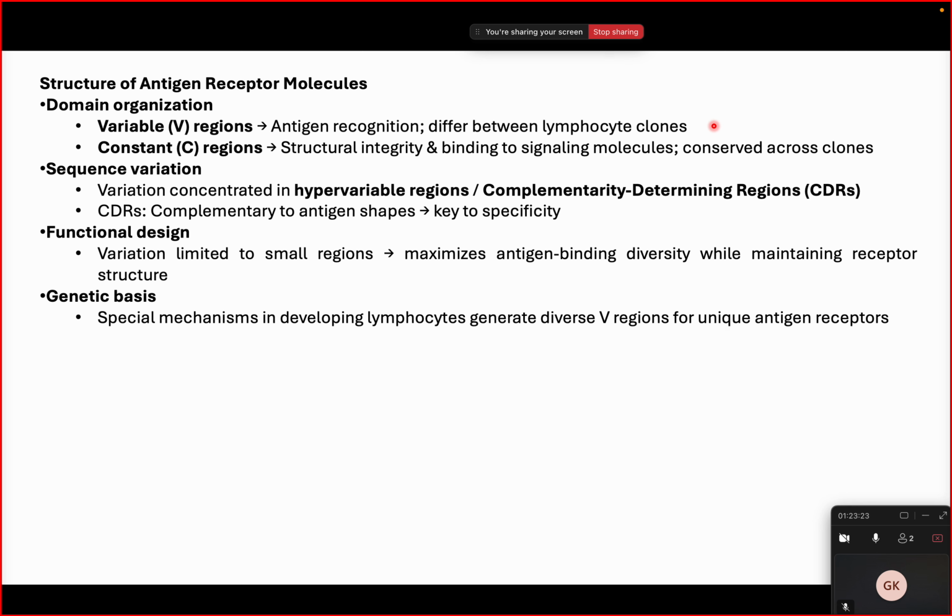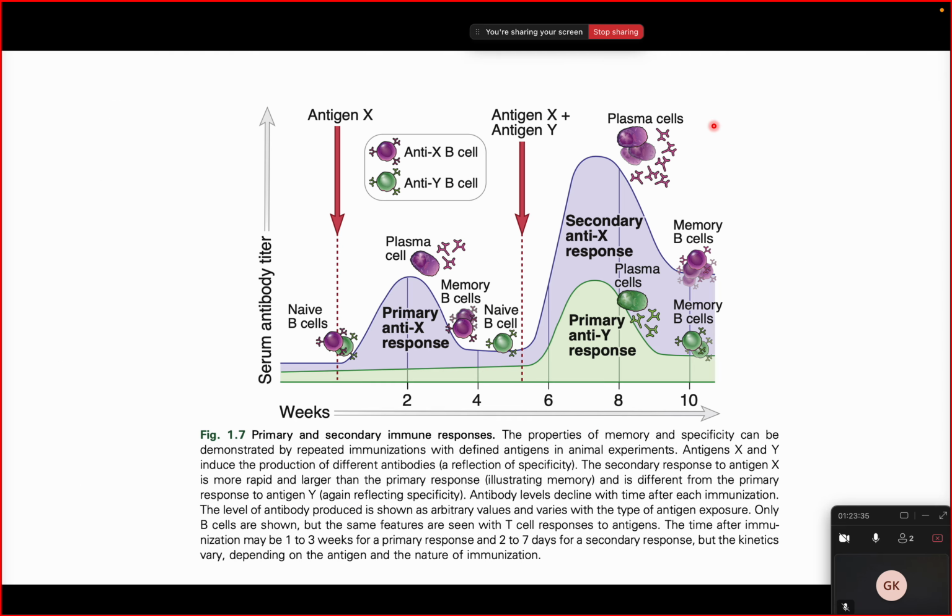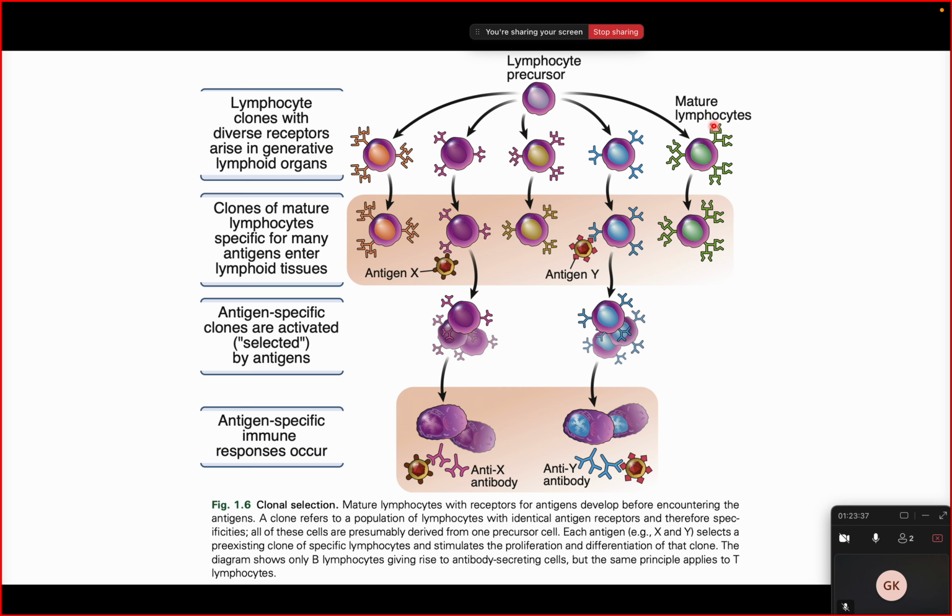When we talk about the constant region, they provide the structural integrity and binding to signaling molecules, conserved across clones. What do we mean by this? Okay, let me go back a little. This one. So now if you see here, both of them look quite similar, right? The distinguishing feature is only in the tip of these.